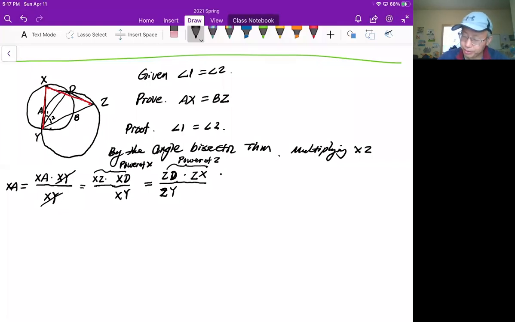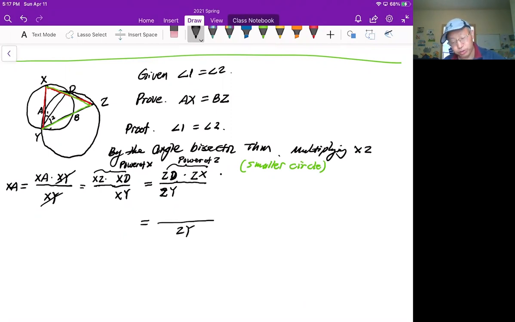So let me use a different color here. I'm going to use this line here, but then I'm talking about the other line here. So I'm talking about the power of the point z with the smaller circle.